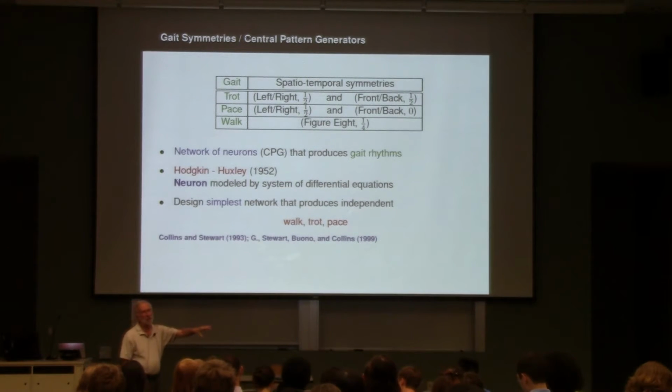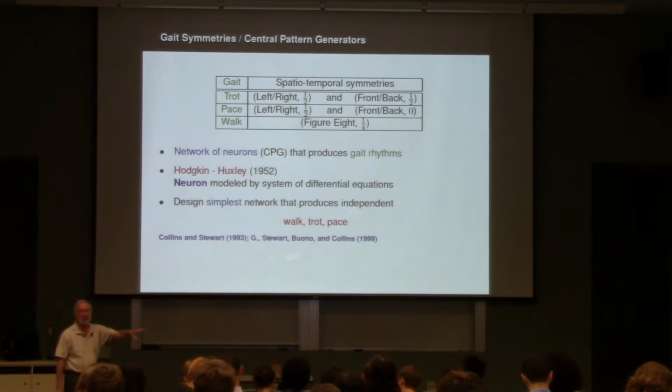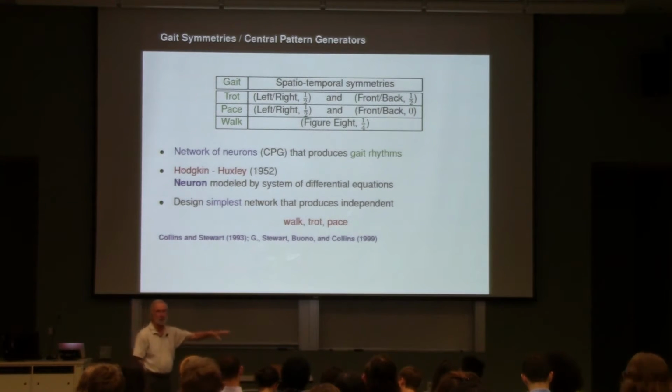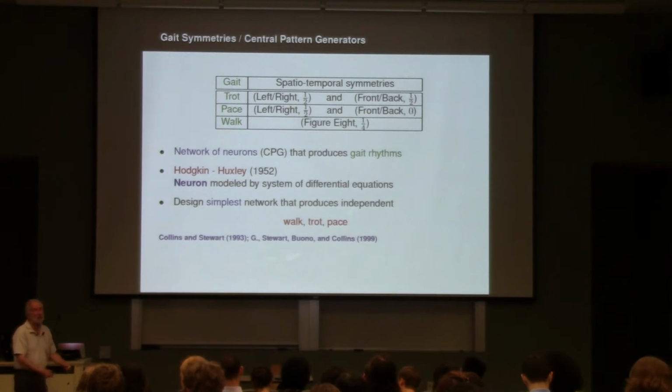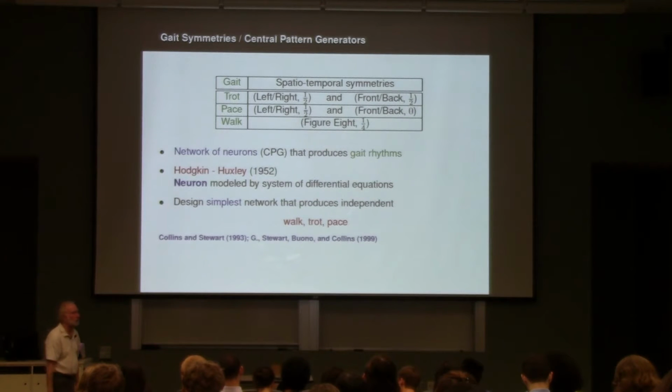And I don't know about you, but I'm not all that keen on trying to solve a 16-dimensional system of differential equations. And more likely, the central pattern generator has 100 neurons in a mammal or some large number. It's just a huge system of differential equations, and you're not going to get anywhere if you just plug it into the computer, although a lot of people do that.